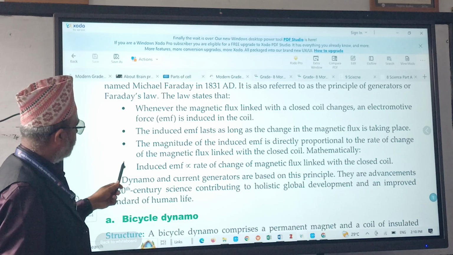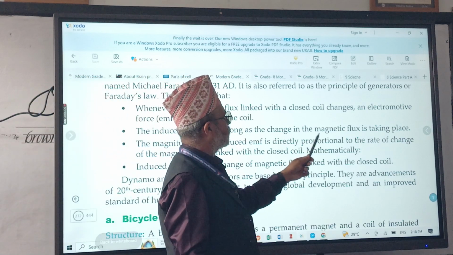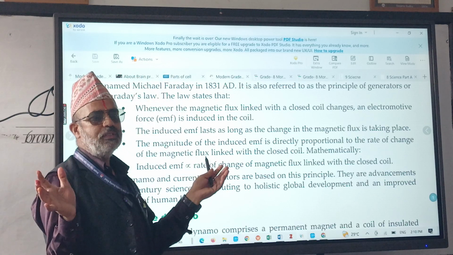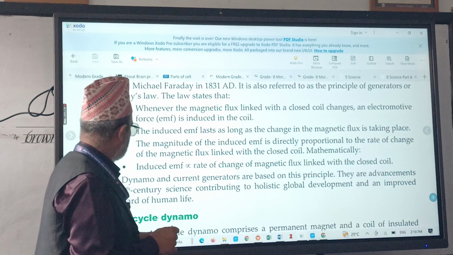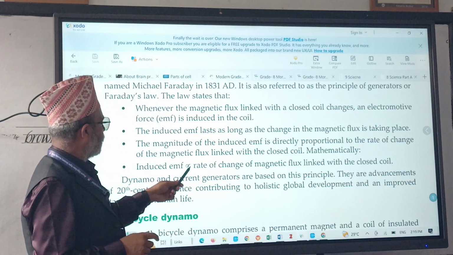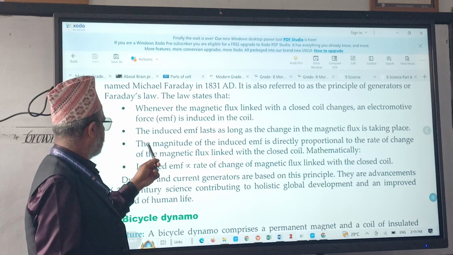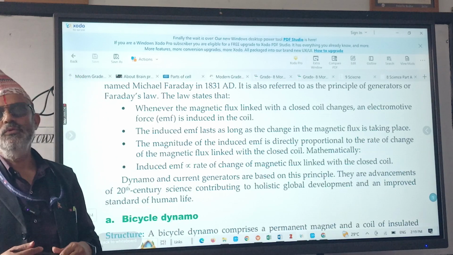Point number 3, the magnitude of the induced EMF is directly proportional to the rate of change of magnetic flux. If more magnetic flux change, more current; less magnetic flux change, less current. Number 3 and number 4 are the same. So these 3 laws you have to remember.